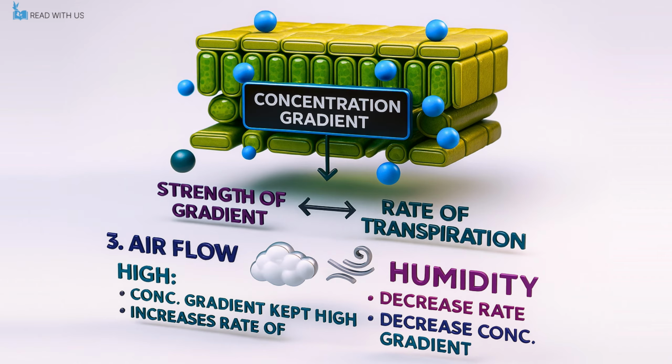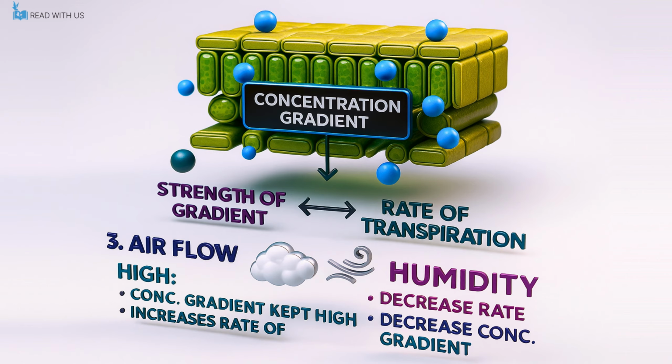If airflow around the leaf is high, for example in windy conditions, then the evaporated water is quickly blown away from the leaf surface. This keeps the concentration of water vapor outside the leaf low, maintaining a steep concentration gradient, which leads to faster diffusion of water vapor and thus a higher rate of transpiration.